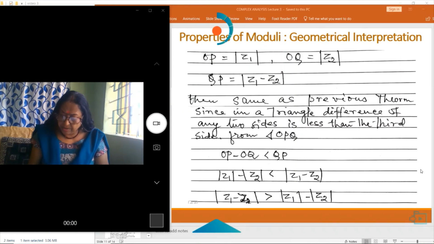So modulus of z1 minus modulus of z2 is less than modulus of z1 minus z2. Hence, modulus of z1 minus z2 is greater than or equal to modulus of z1 minus modulus of z2.